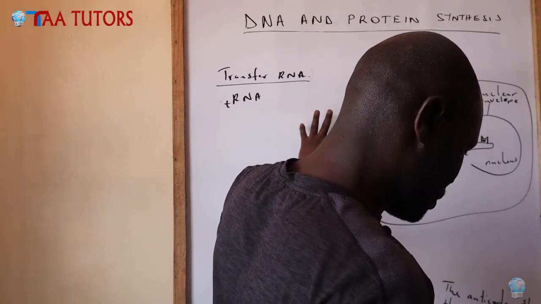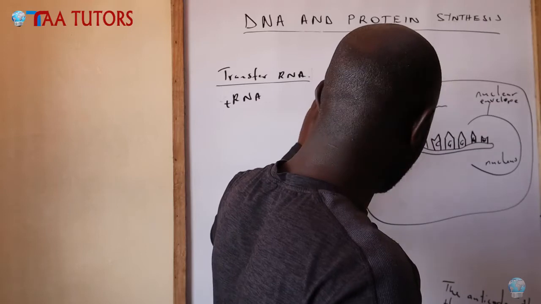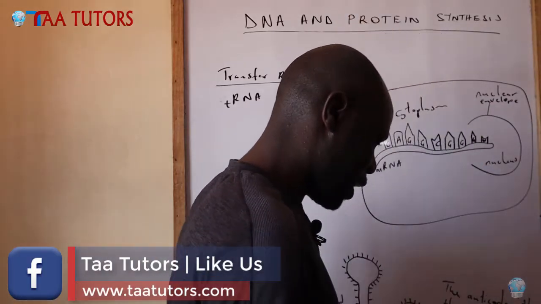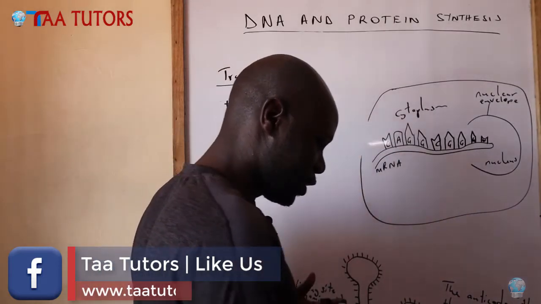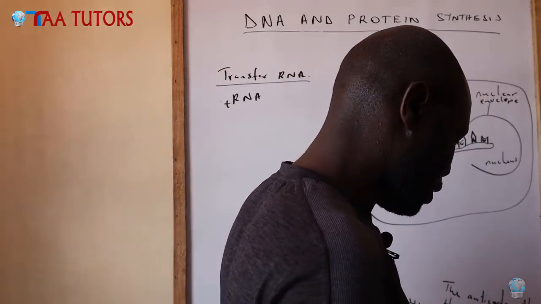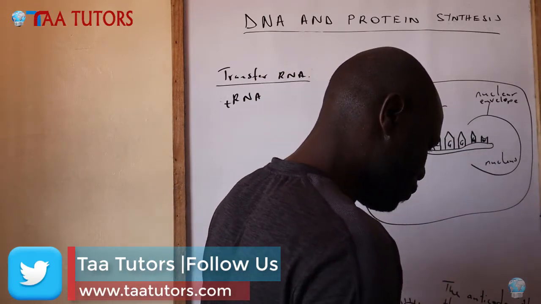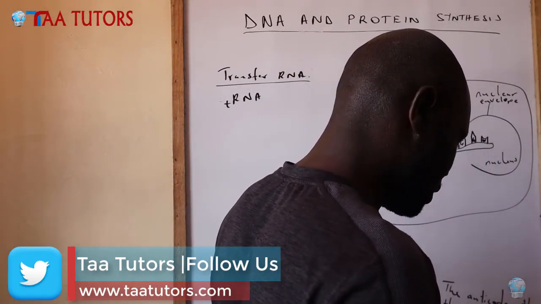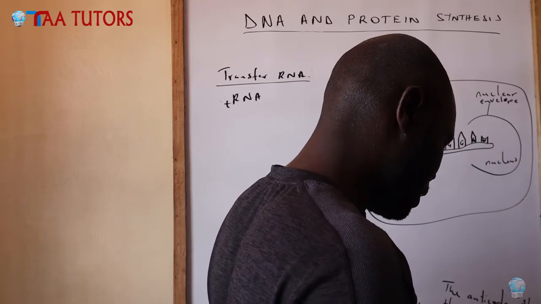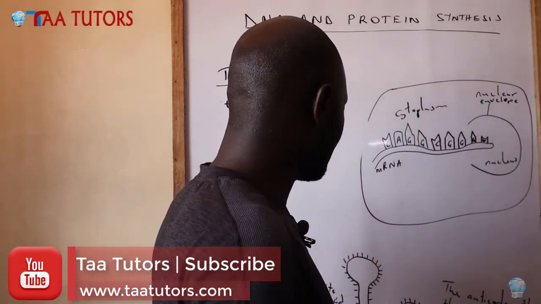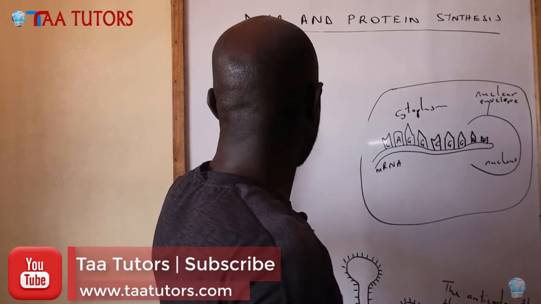Now from that, the nuclear pore will open up to allow the messenger RNA to come out with this particular information into the cytoplasm. In the cytoplasm, we have amino acids that are being activated and carried by the transfer RNA.